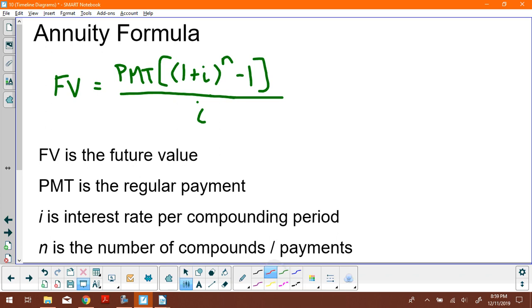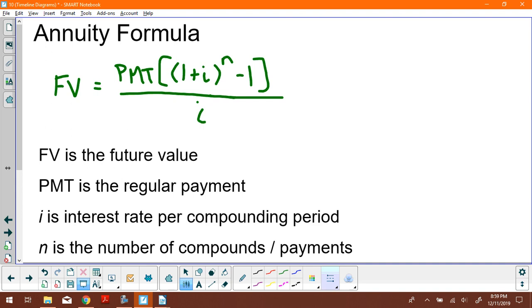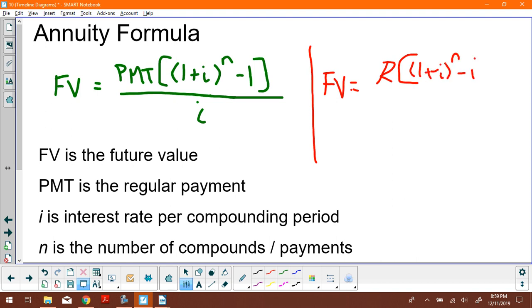As a little aside, I think the textbook uses something slightly different than what I've written here. The structure is the same, it just uses different letters. I think the textbook is FV equals capital R, 1 plus i to the n minus 1, over i.